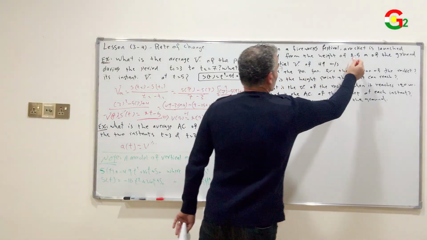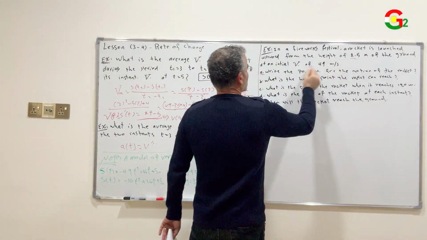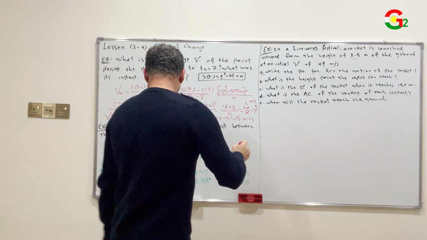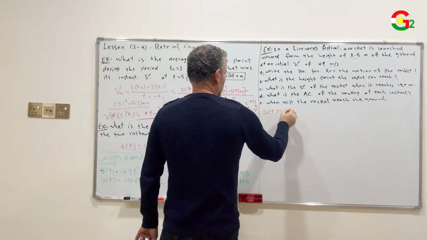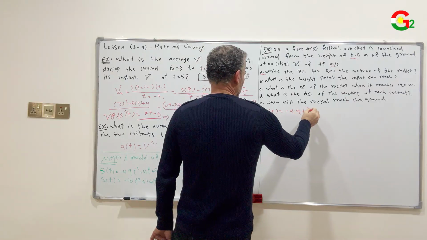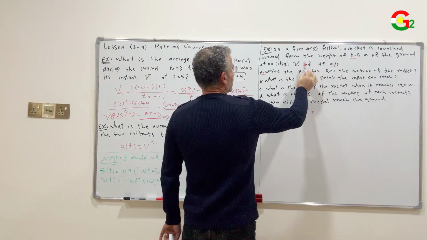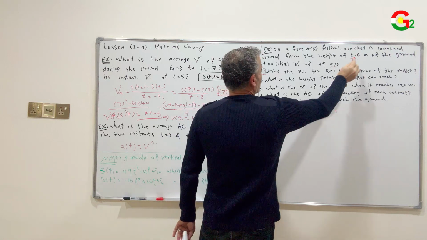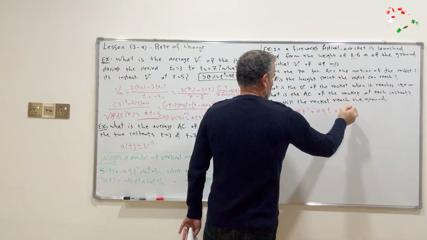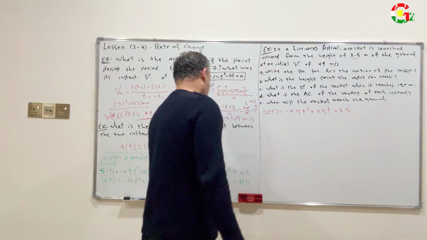Since the distance is in meters and velocity is in meters per second, the position function s of t equals negative 4.9 t squared plus the initial velocity 49 t plus the initial distance 2.5.